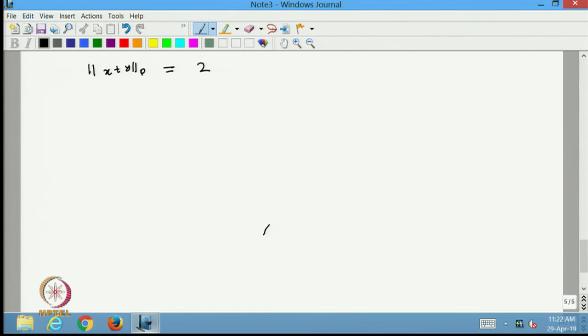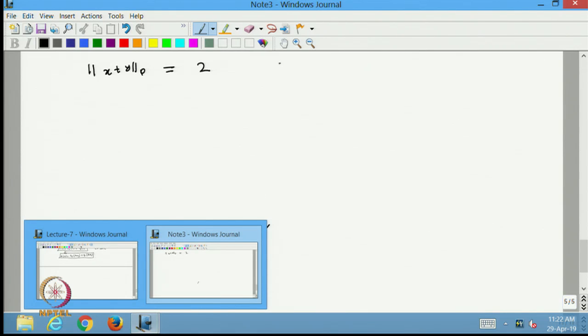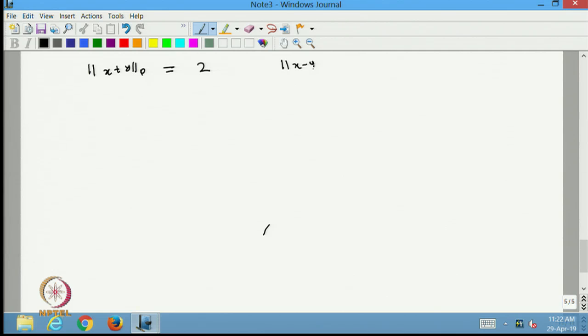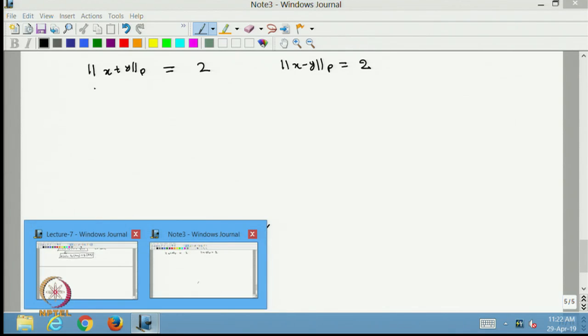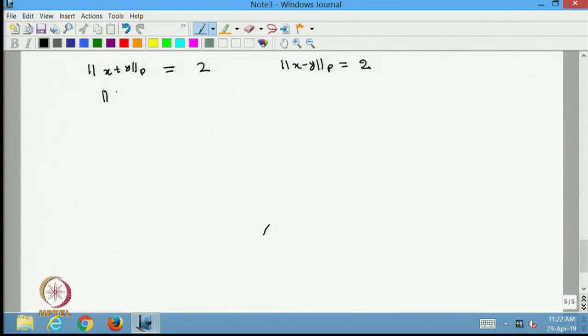You can compute it with the formula which I have given you. Similarly, this will also be 2. But what will be the norm of x? This will be 2 to the power 1 by p. The norm of y will also be 2 to the power 1 by p.